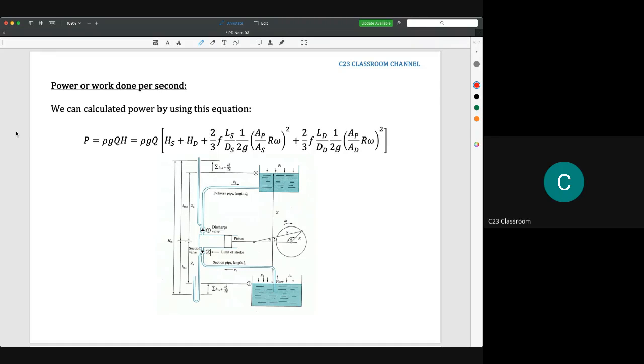Because if you keep talking about the head, in some situations people are not looking at the pump head alone.